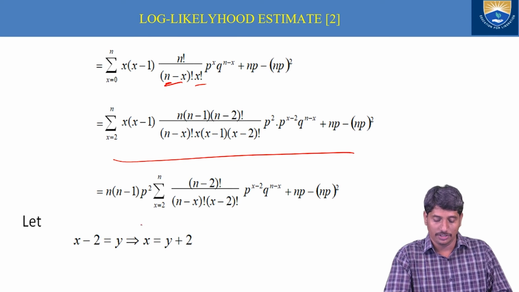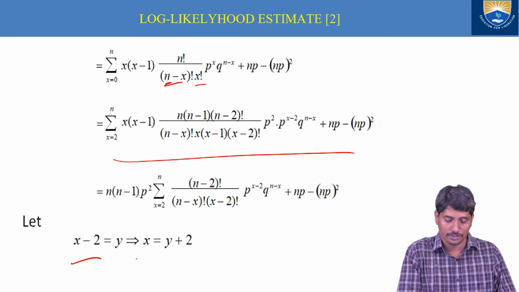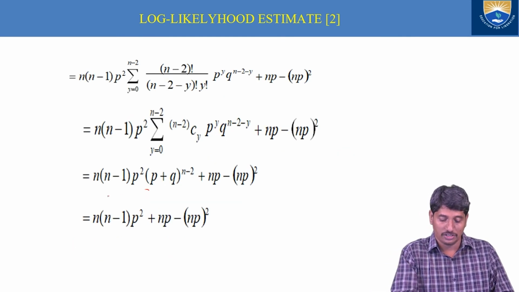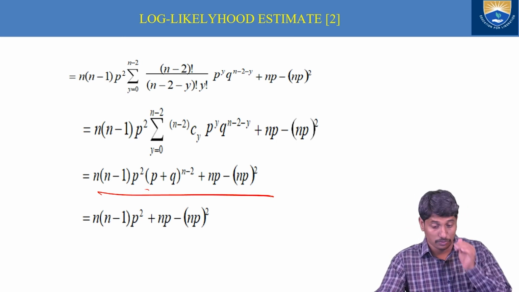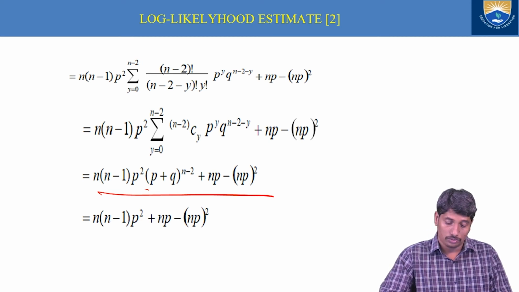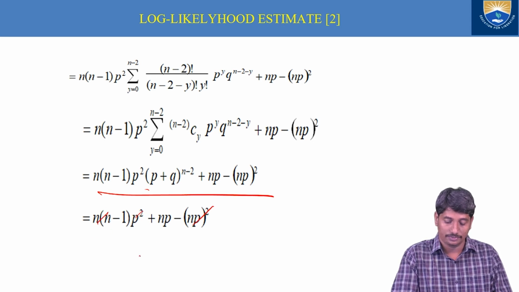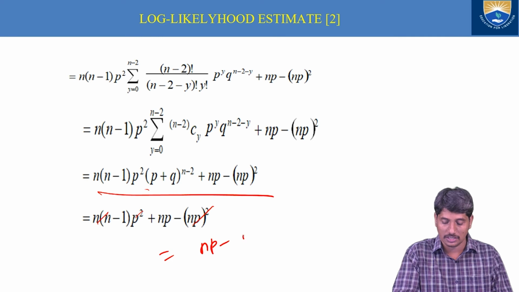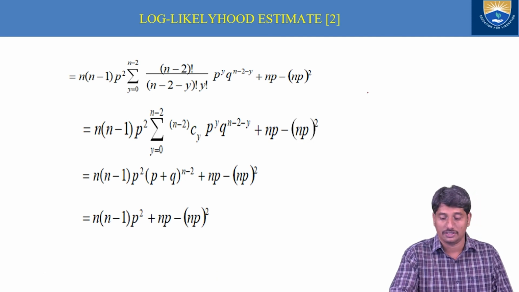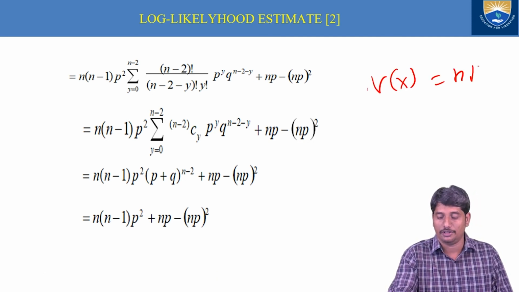By using that you have reached this step and gone for a substitution, x minus 2 is equal to y and x is equal to y plus 2, and simplifying you got the same step we got: n into (n minus 1) p square into (p plus q) whole power n minus 2. Now, as we have seen, n square p square will be cancelled, and finally we get np minus n square p square, and np is out, that means 1 minus p, that is npq. So what have we proven? We have proven that the variance of the binomial distribution is npq.